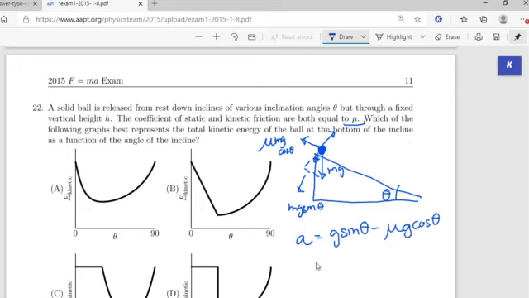Then since it starts at rest, the velocity as a function of time would be sine theta minus mu naught cosine theta, times gt.